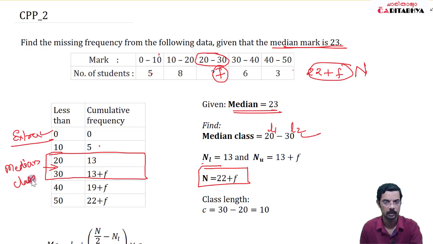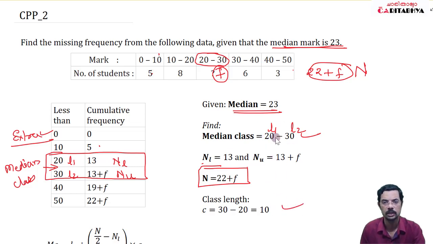When the median is given, you need to look into the less than type. If the median is not given, we will find n by 2 and check where n by 2 lies. That is how it is done. Now 20 to 30, this is your L1, this is your L2, this is your NL, and this is your NU. Now what is the class length? Class length for 20 to 30 is 10. So class length is also ready.